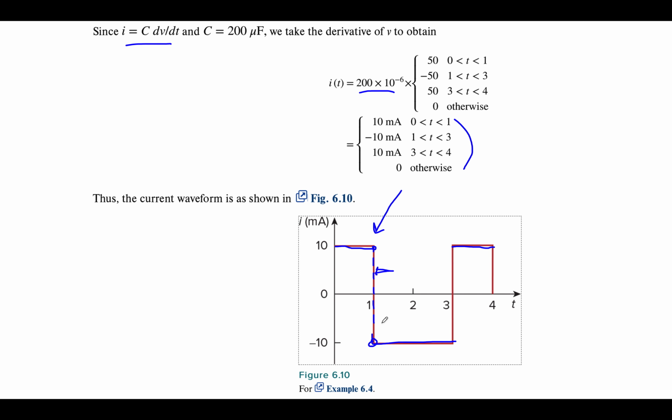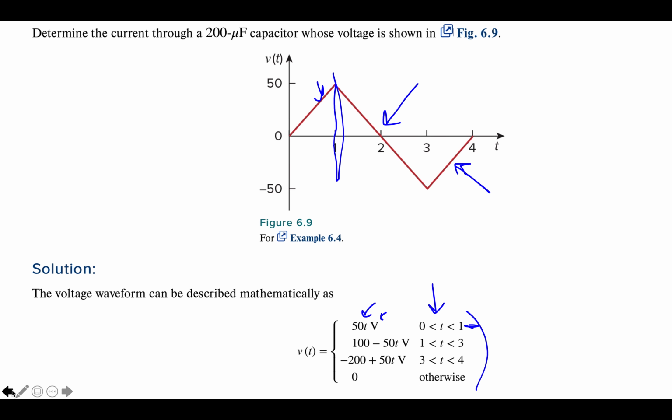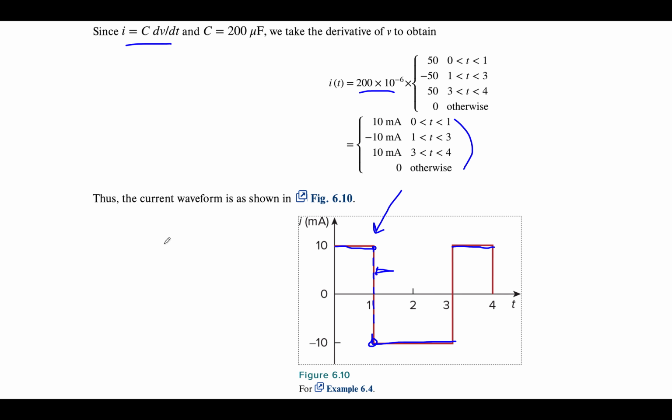You notice these are less than, they're not less than or equal to. Technically, if I wanted to be mathematically correct, I'd make one of these a less than or equal to, and it could be either one, just so that you don't have the situation where there is no value at 0.1.